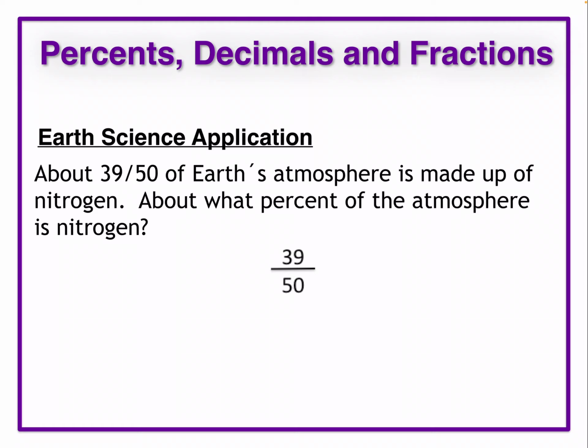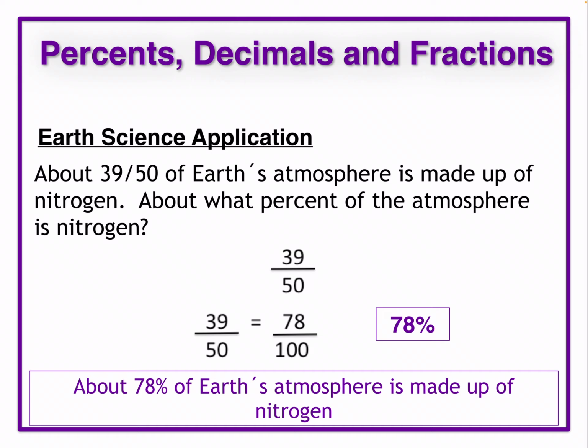Remember here, the easiest way is if the denominator is a factor of 100, you just multiply both numbers by the same number. So 50 times 2 is 100, so 39 times 2 will be 78. That means it's 78%. So about 78% of Earth's atmosphere is made up of nitrogen.